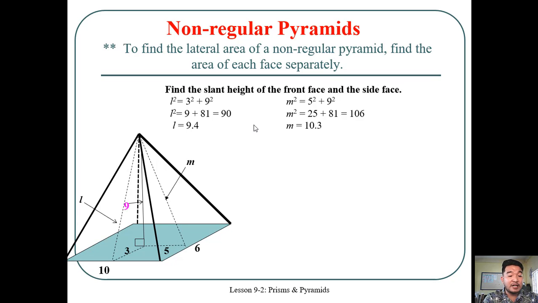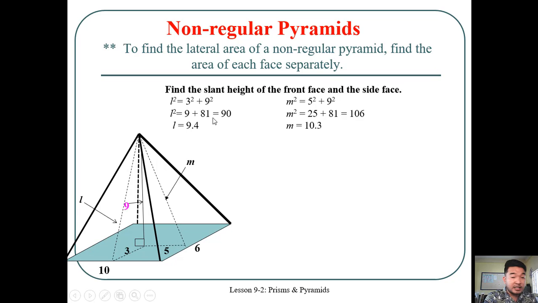And the square root of 106 is 10.3. So there you go, the measurement of our slant height.